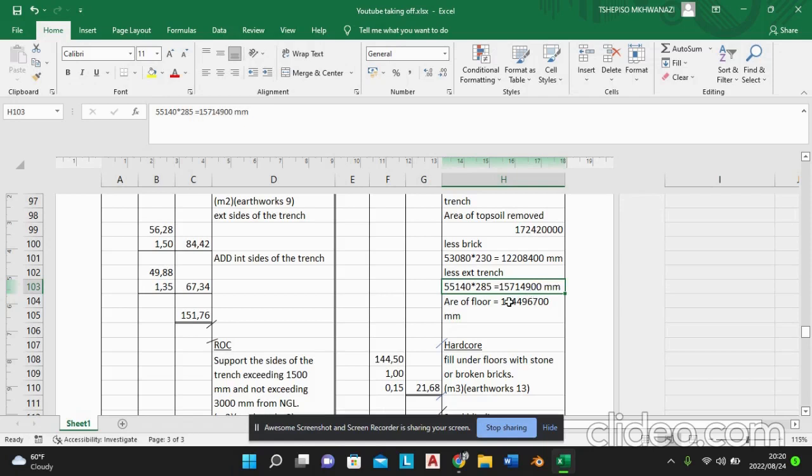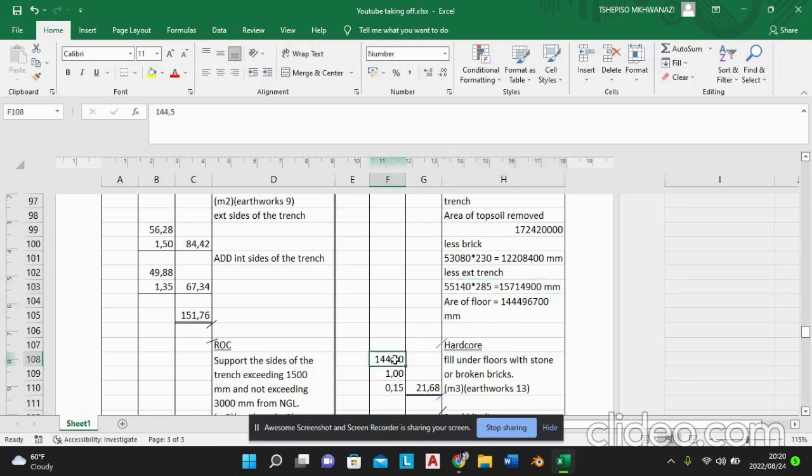Now we have to find the area of the floor. We just take this one and subtract this one and subtract this one, and then we get this thing, which is how much? This is millions. We're talking about 144,496,700, and then yeah, we're done.